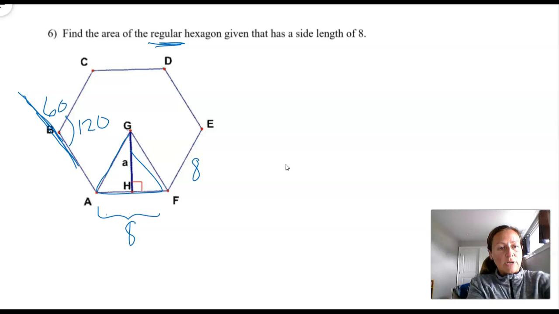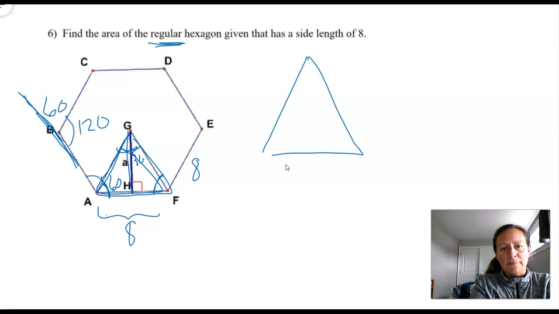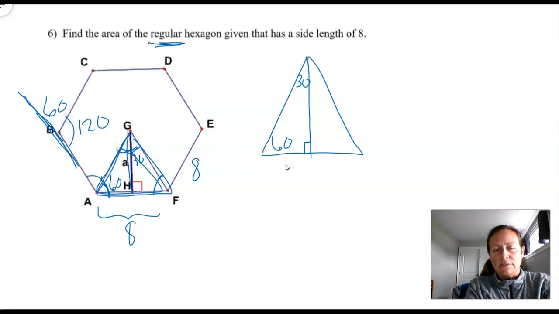That means this triangle here, if that's 120, then this right here is 60. And that means that this is also 60. And this is 60. And if you split it down the middle in half, that's a 30. So we basically have this AGF triangle is a pair of 30, 60, 90 triangles back to back.